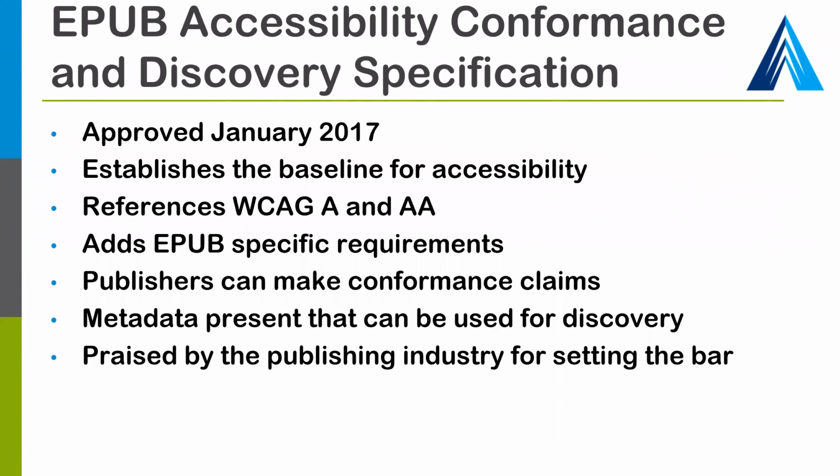So in addition, there is the Epub accessibility, conformance and discovery specification. This is a standard that was approved in 2017, and it's maintained along with the Epub standard within the W3C in a community group.